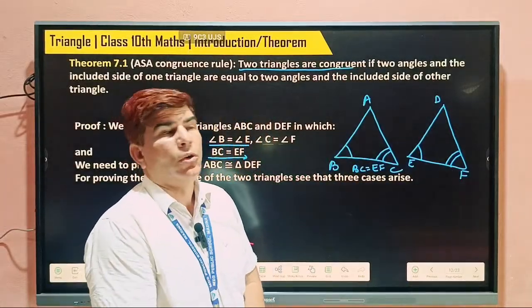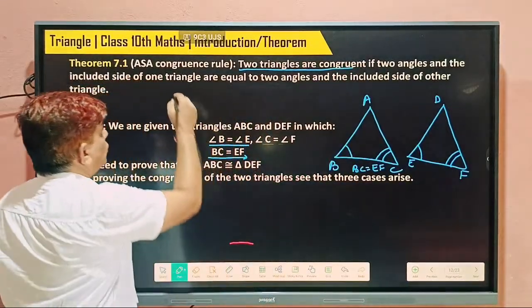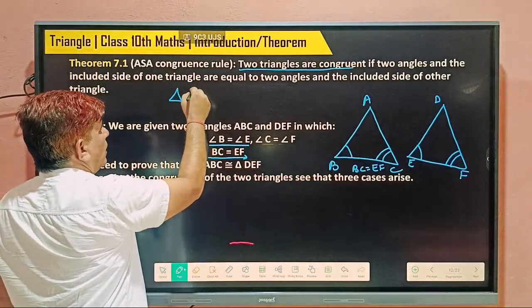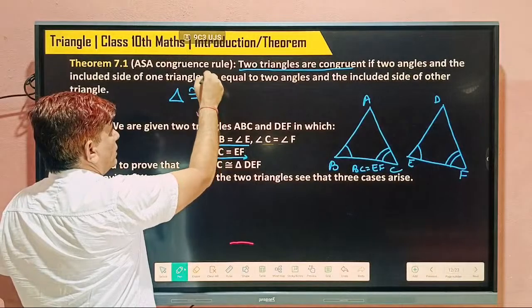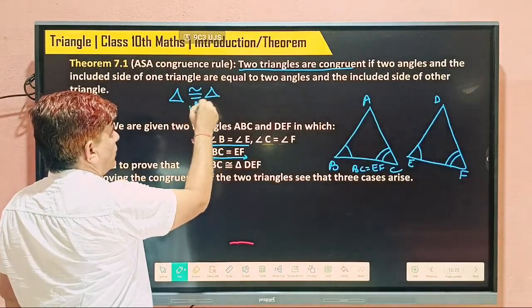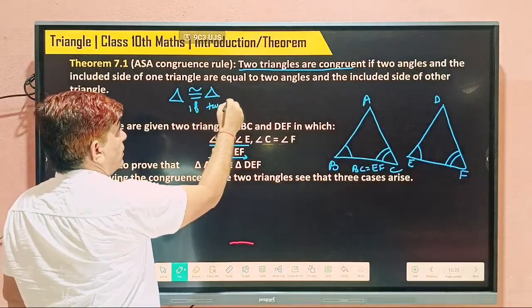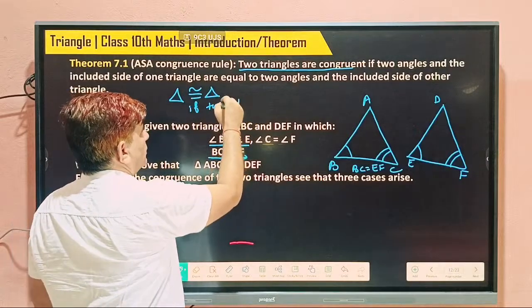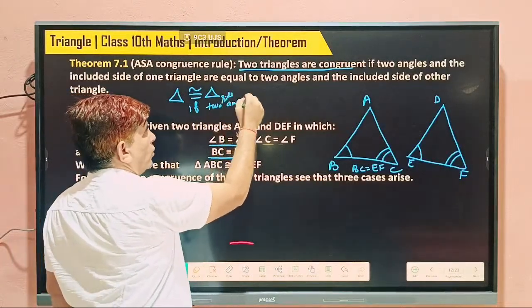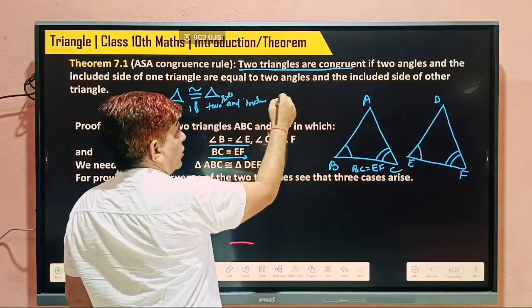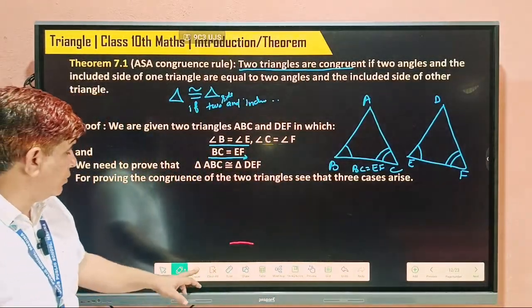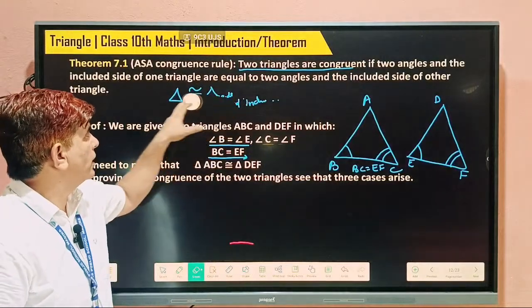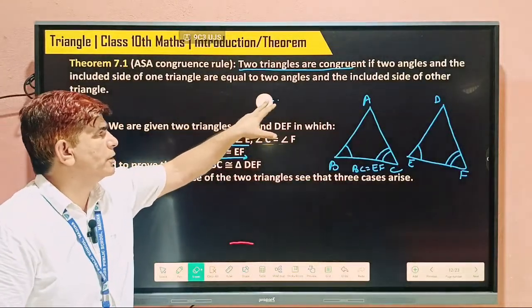And what do we know? We know two triangles are congruent if two sides and the included angle of one triangle are equal to the two sides and included angle of another triangle. So we can take help of it.